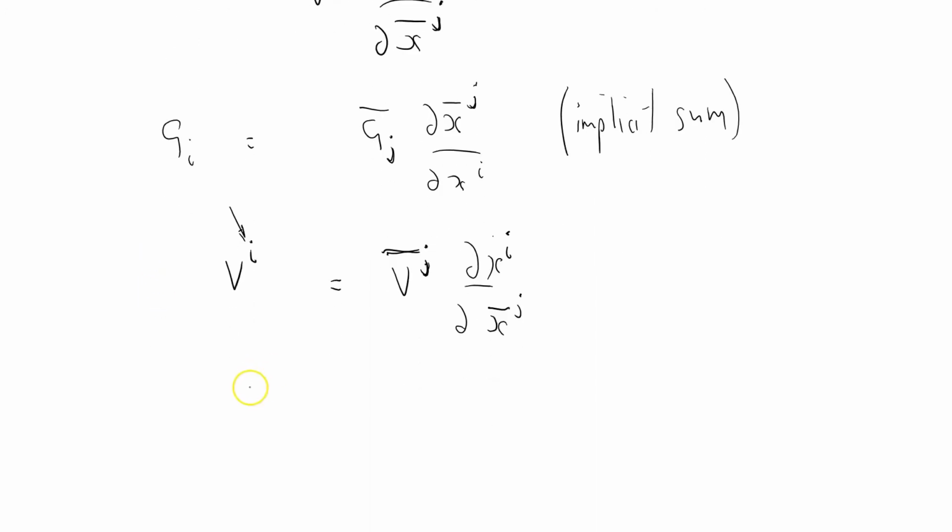Let's do the covariant. G_i equals Ḡ times ∂x. I've just written the skeleton in there, so how do I fill in the rest? That can't be an i. If that was an i, that would be crazy, because you'll remember that in the h and theta example, the h and the thetas affected both the x and the y, and both x and y affected theta, and everything affects everything else.